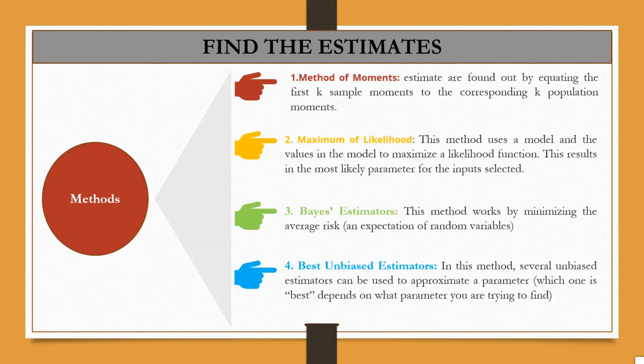Now, how do you find the estimates? There are four common ways in which you can do this. The first one is the method of moments. What you do is form an equation in the sample data set and then analyze the similar equation in the population data set as well, like the population mean, population variance, and so on.